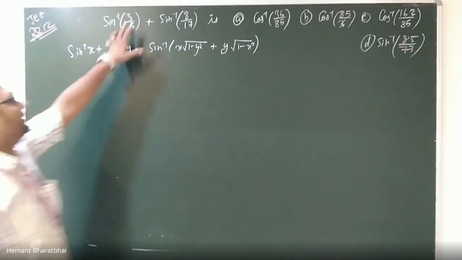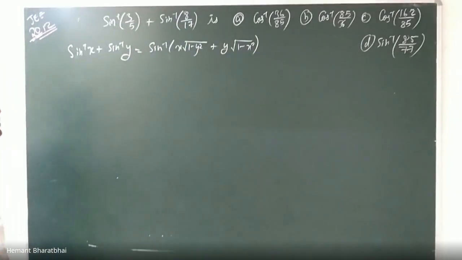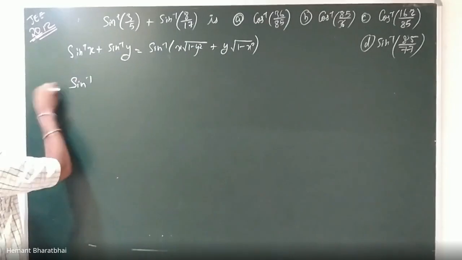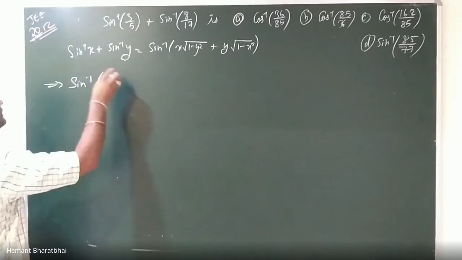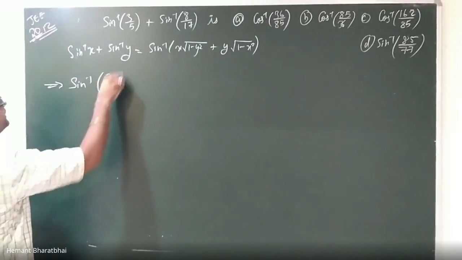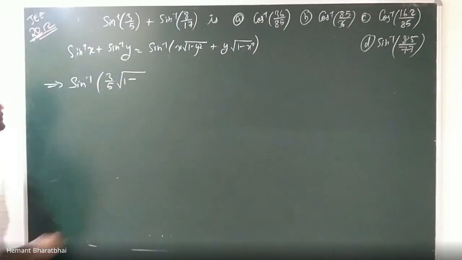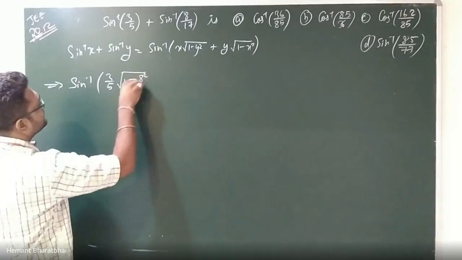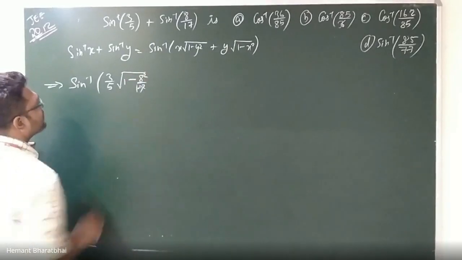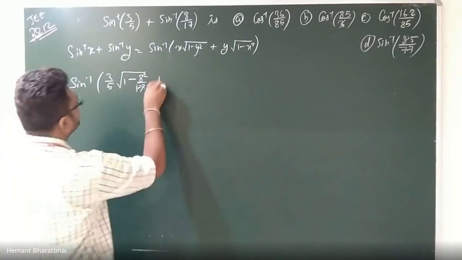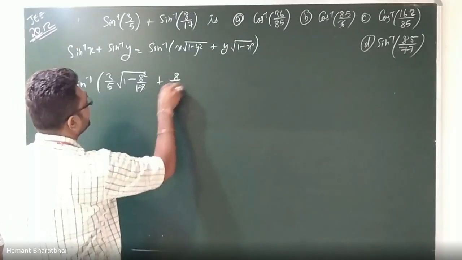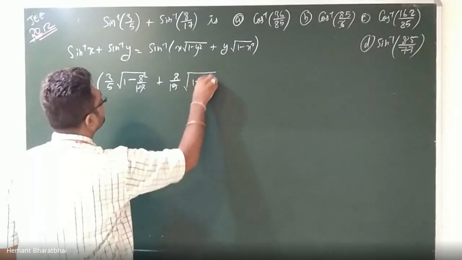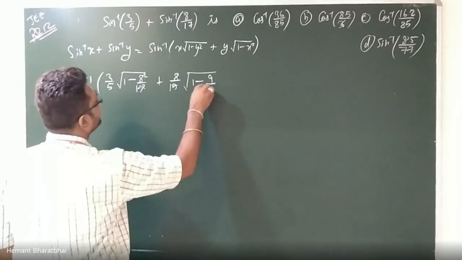So this is your x, this is your y. Apply the formula and tell me the answer. So you will get sine inverse of x, that is 3 by 5 into under root of 1 minus y square. So y is 8 by 17, so 8 square by 17 square, plus y, that is 8 by 17 into under root of 1 minus x square, so that will be 9 by 25.